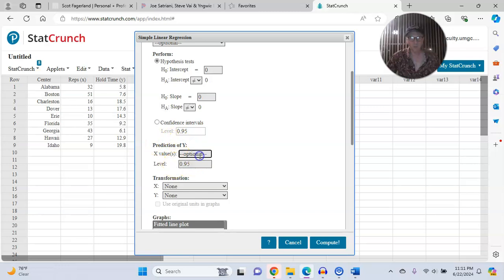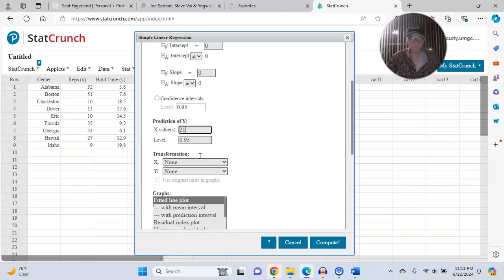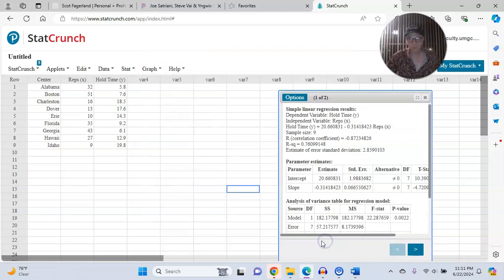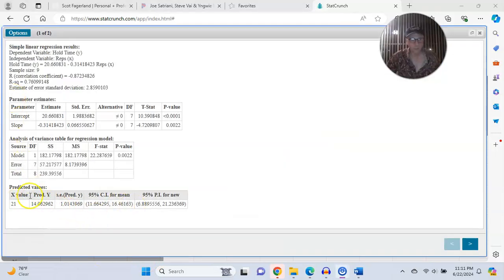So if we want the X value to be 21, then we can compute. And in this bottom table here, it says predicted values. If X is 21, then the predicted value of Y is 14.06. So with 21 reps at this call center, you would expect the average hold time to be 14.06 minutes.